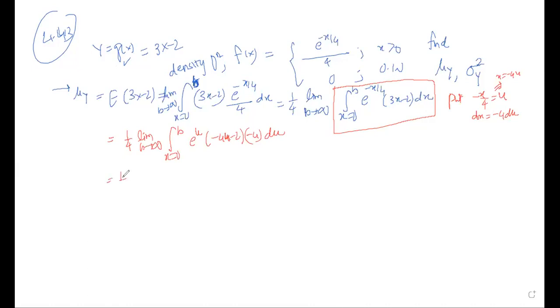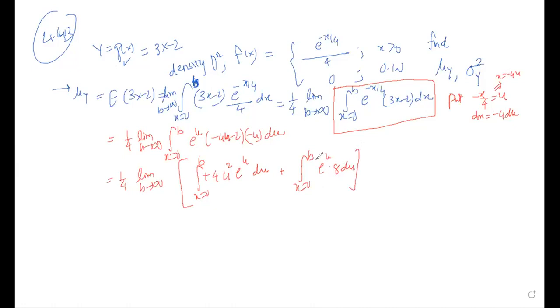That is equal to 1/4 and limit b tends to infinity, and here, please be careful, positive 4u square e to the power u and du, x is equal to 0 to b, plus x is equal to 0 to b e to the power u, and this is 2 and 4 is 8 times 8 and du.